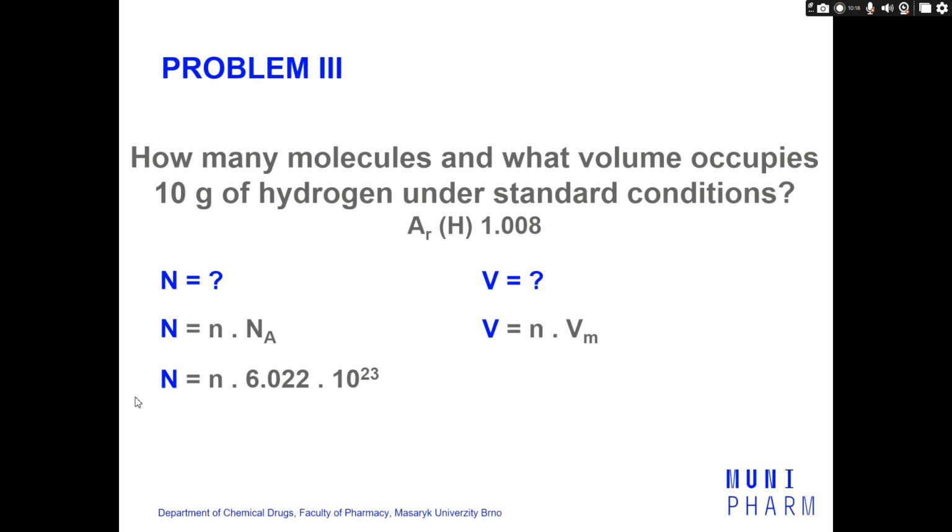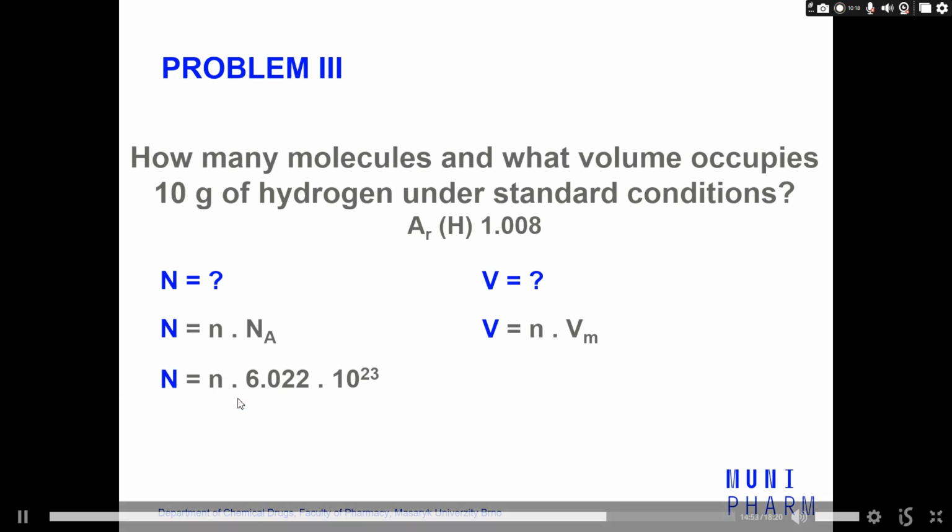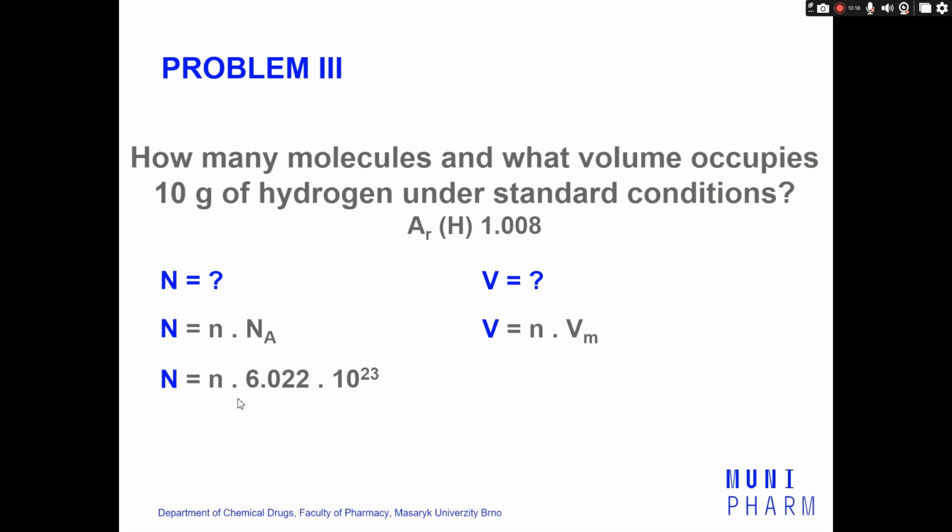And as it is stated specifically, the conditions are standard. This information can lead us to the molar volume. Thus, we can calculate the volume using the molar volume and again the amount of substance. We know the value of the molar volume. It is a constant again, but we don't know the amount of substance.